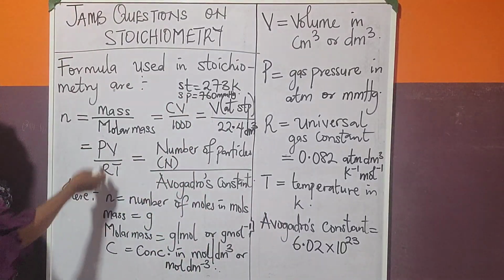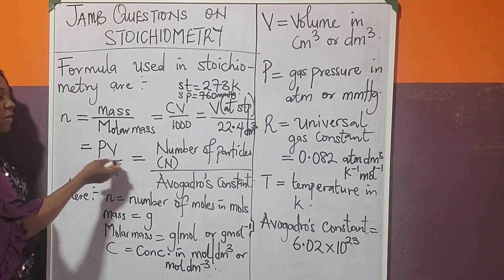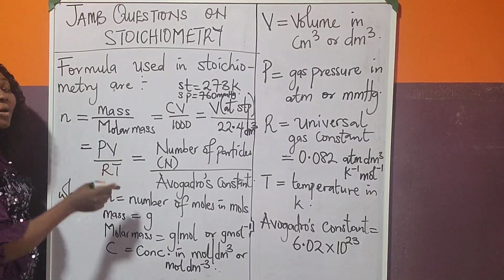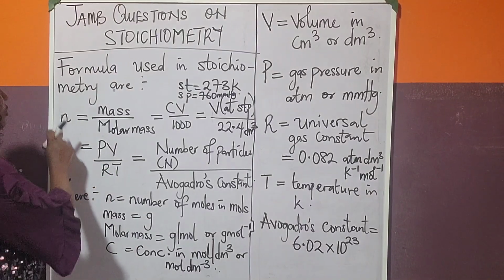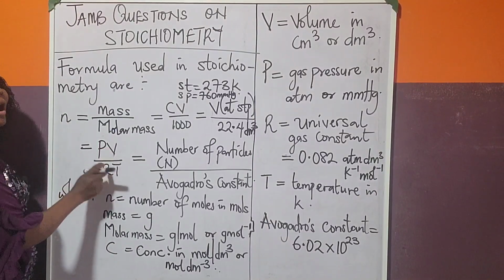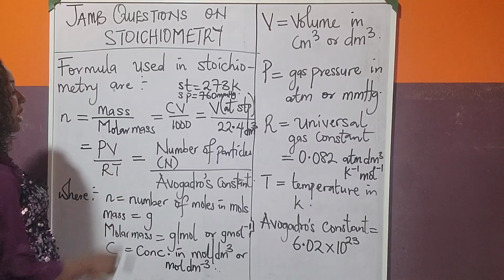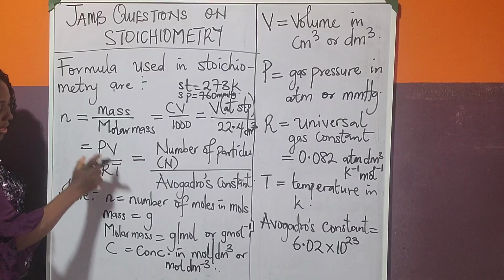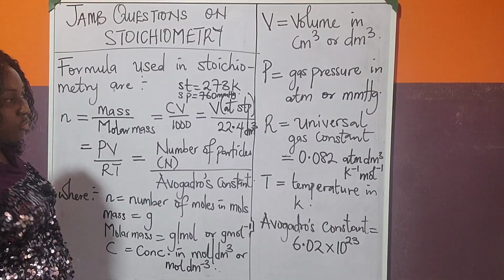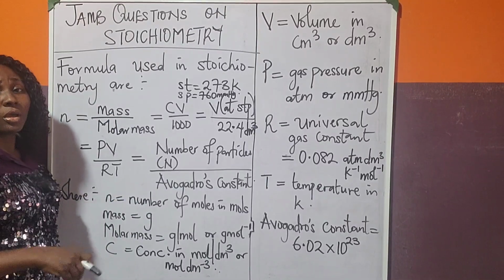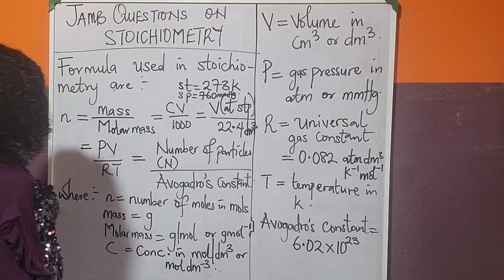Okay, so we have PV over RT. This is the formula for the ideal gas law, where n equals PV over RT for an ideal gas equation. Then P here represents gas pressure, either in atmosphere or millimeter mercury.